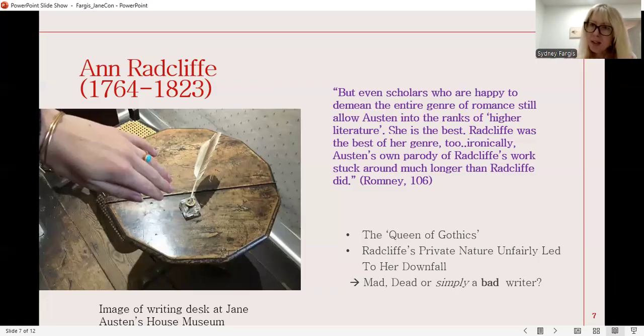But again, as I mentioned, she was a very private person who disliked public attention, which likely led to her retiring altogether upon the publication of her fifth novel. She didn't die, which was another rumor that was spread. She did not go mad. She moved to the English countryside, where she spent her time when she wasn't traveling with her husband.